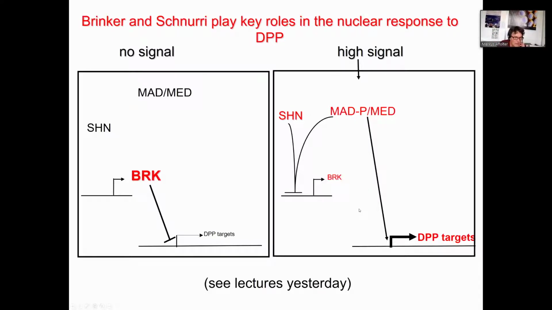So this is still completely open. Some people even argue that BMPs cannot repress transcription directly. But MAD Medea can directly repress transcription. That's what they do here. It's only when they bind with Schnurri that they repress transcription. So it's a direct repression. Without binding, no repression. Okay, so this is the pathway.